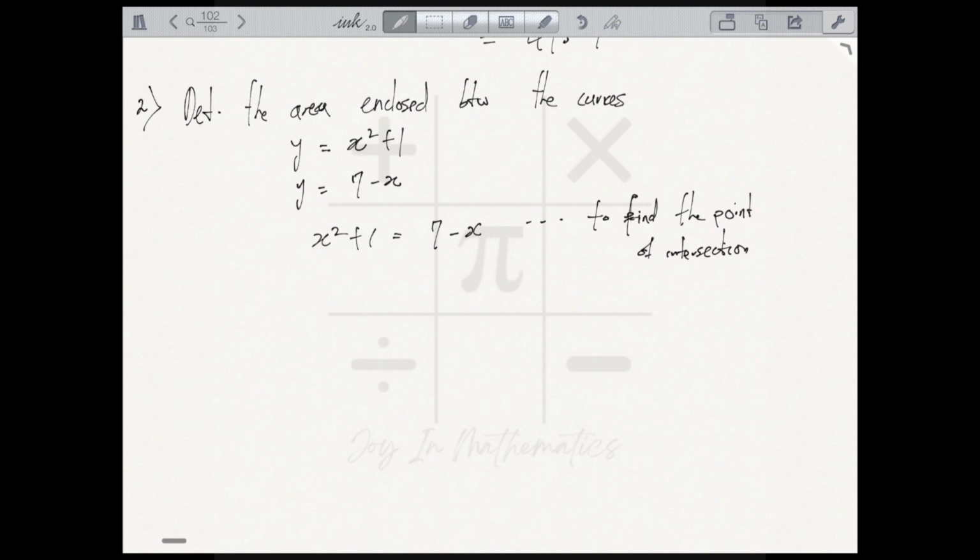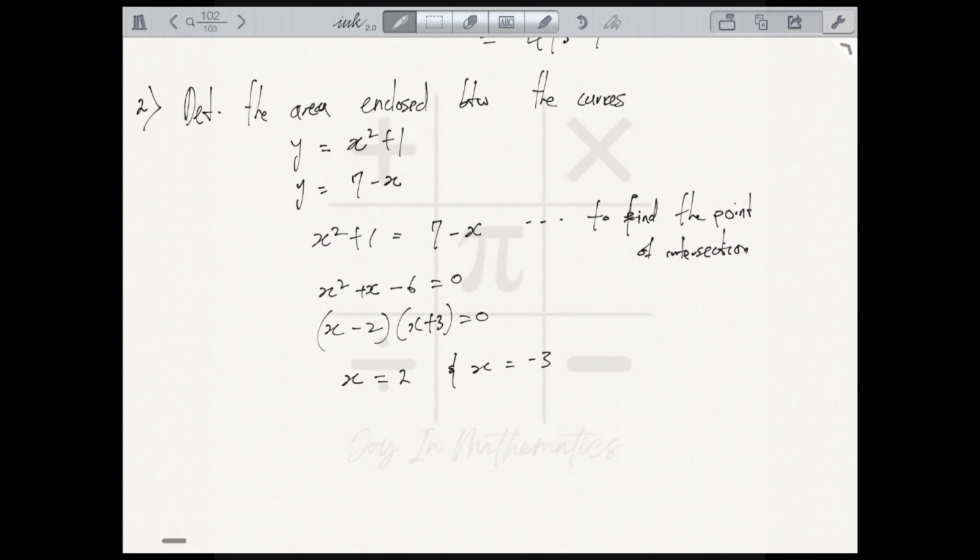So let's simplify this. We have x squared plus x minus 6 equal to 0, and this will give us x minus 2 and x plus 3 equal to 0, for which x is equals to 2 and x is equals to minus 3.